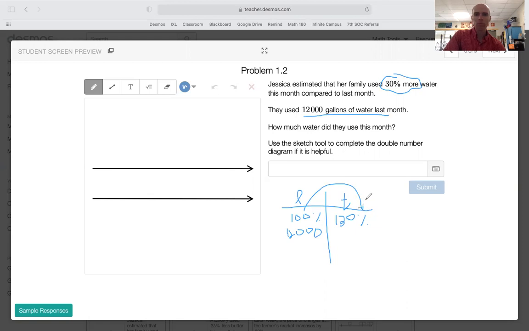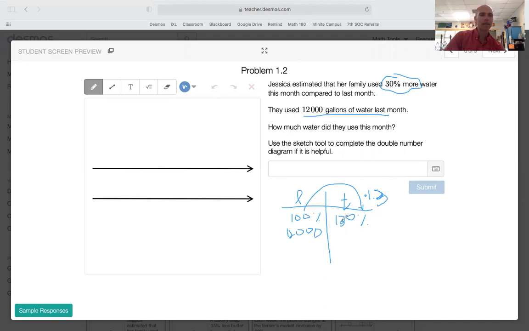And to do that, you would multiply by 1.2. Sorry, I couldn't read my own handwriting. We're going from 100% to 130%, and so that's times 1.3. So I'm going to turn this 2 here into a 3.